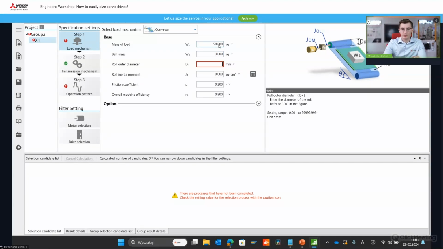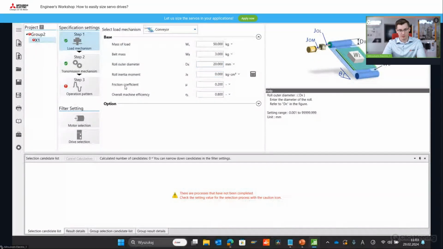Roll outer diameter. You can also check these parameters on this graphic. So roll outer diameter is just the diameter of our roll on the tooth belt. In this application, it will be 20 millimeters because this is the mechanical part that our designers selected.